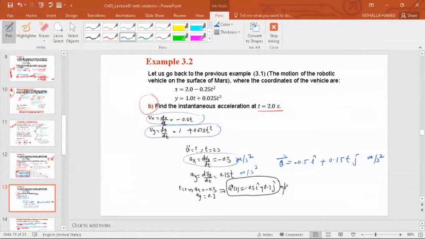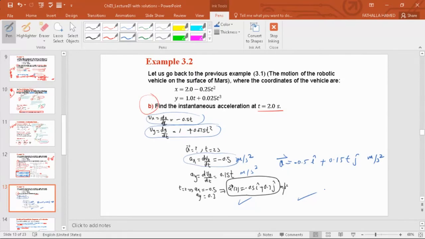But ay, you put 2 there, and 2 times 0.15 will give you 0.3. So the acceleration vector at 2 seconds will equal minus 0.5 i hat plus 0.3 j hat meters per second squared. Is this clear? Any questions so far? Okay. So that's how we basically apply these concepts.